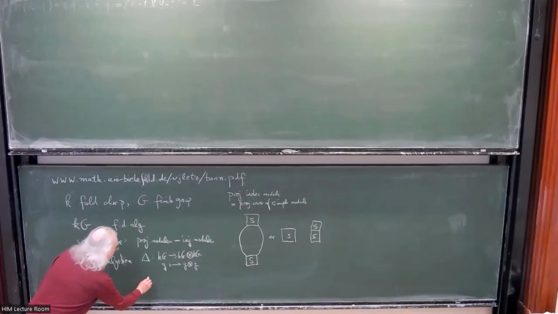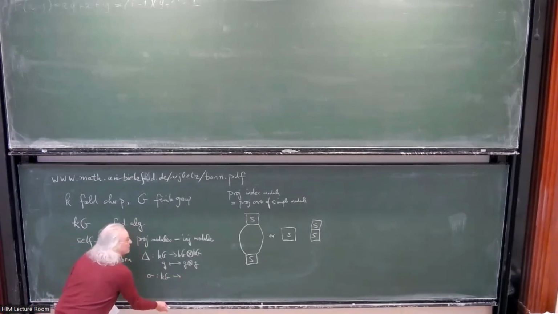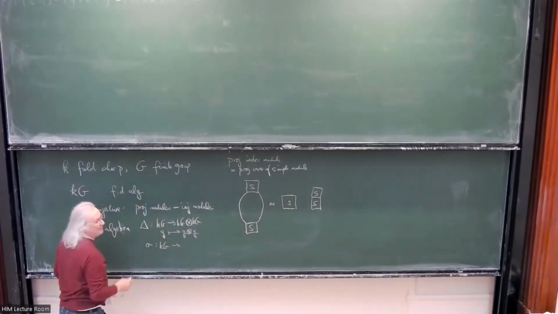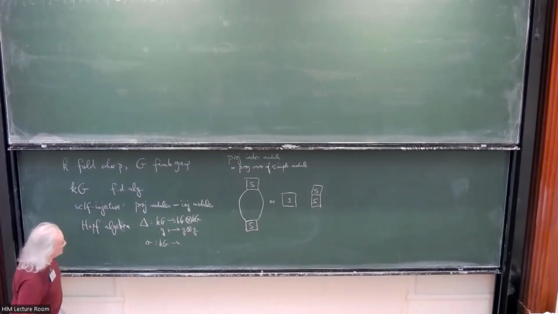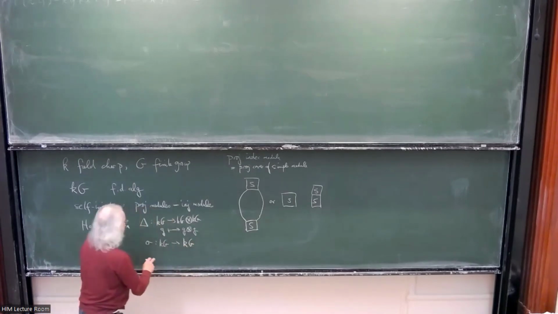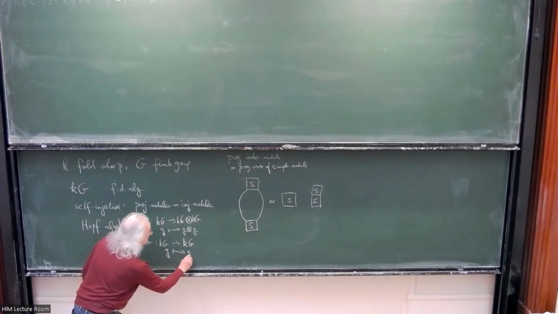And then there's an antipode called sigma from kG to kG. So I should have this higher, shouldn't I? I remember from this morning that the back of the hall could not really see very low. So this is given by sending each group element to its inverse.